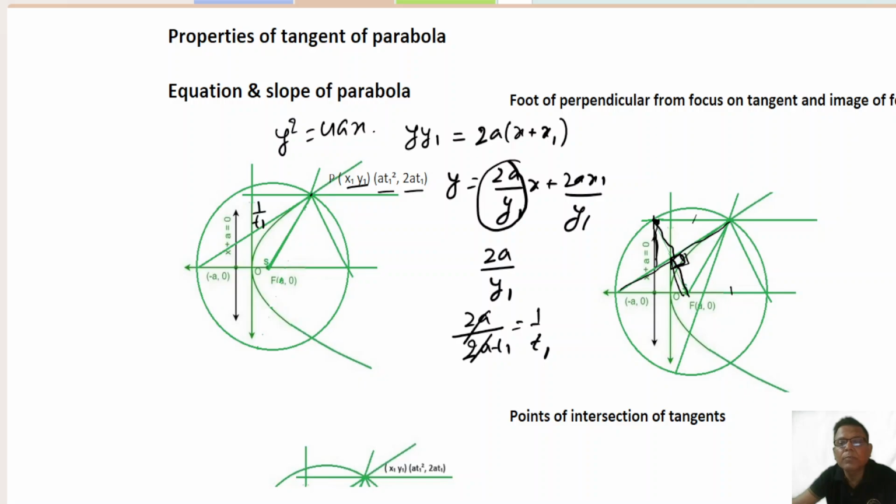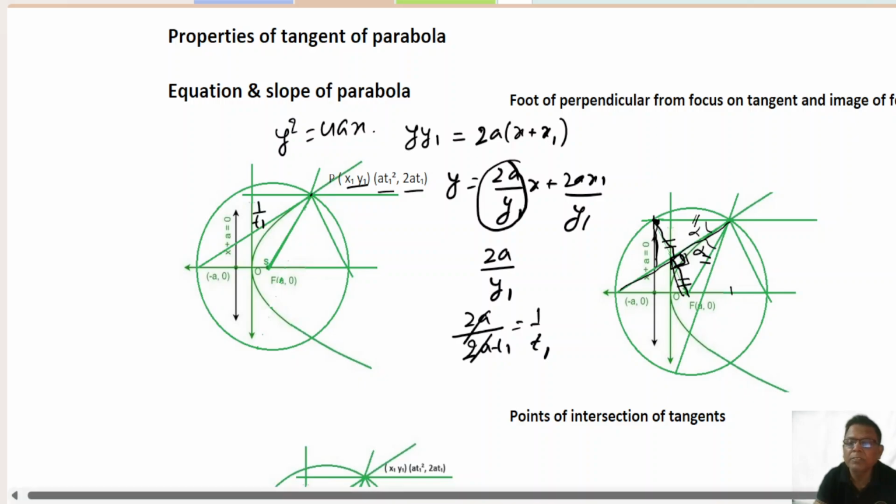By the properties of the parabola, this angle alpha will be equal to this angle alpha, and this image will be like this.